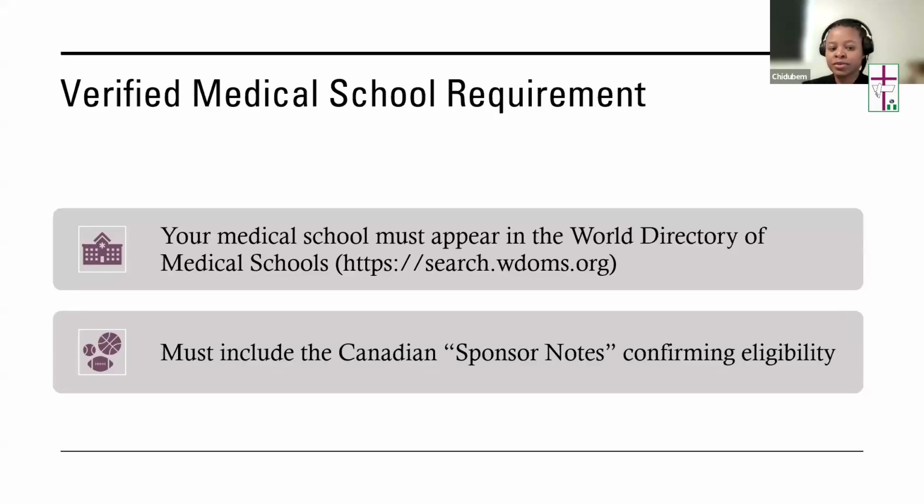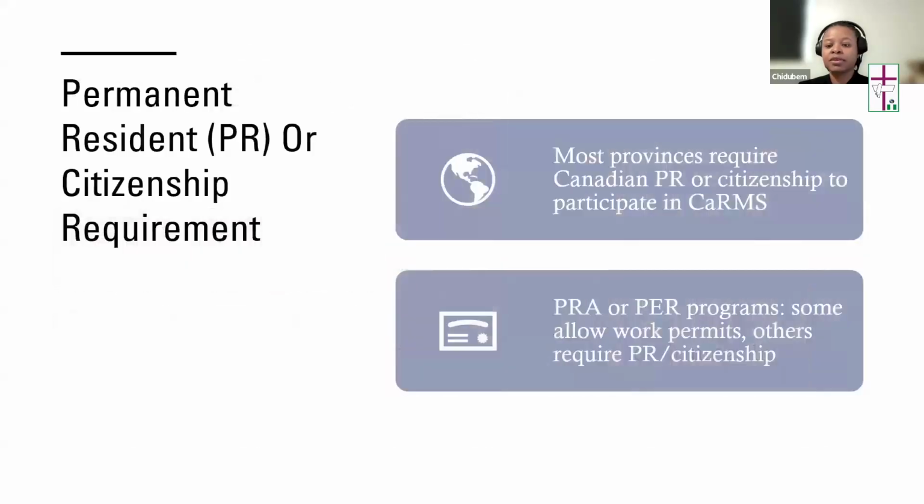It must also include the Canadian sponsor notes that confirm eligibility. So it's good to check this early. If it's not listed, then you might need to contact your school or whichever body to find out what to do to ensure that it's correctly listed, so you can apply for the residency program or whichever pathway.